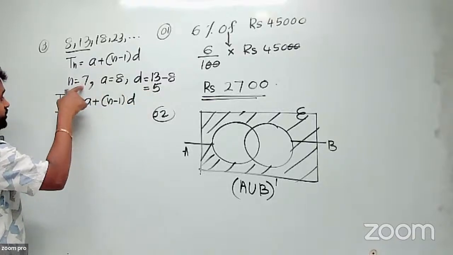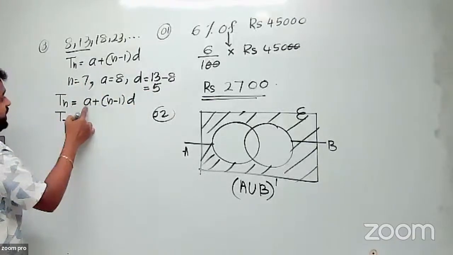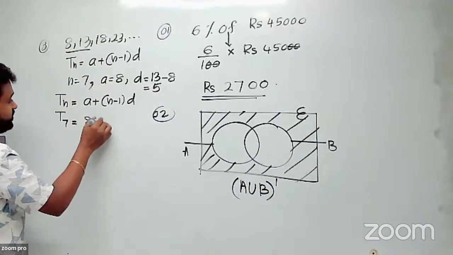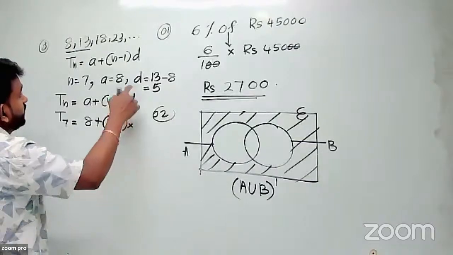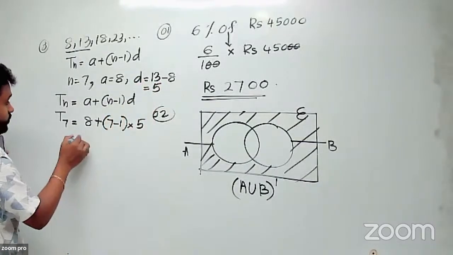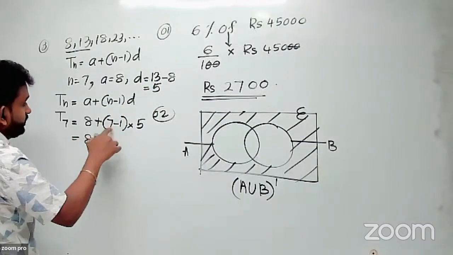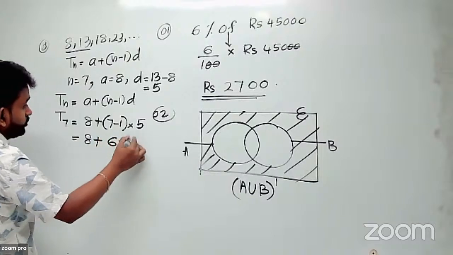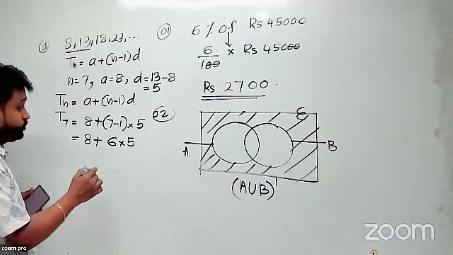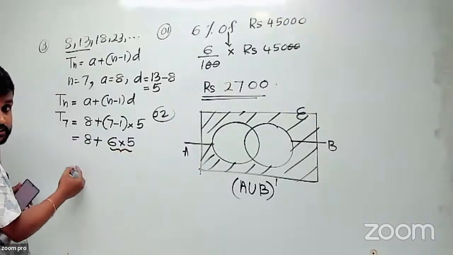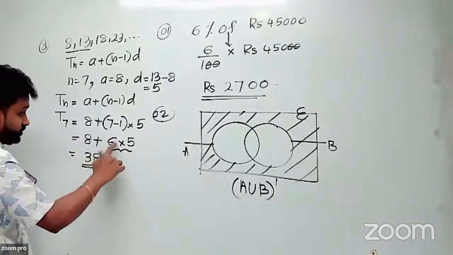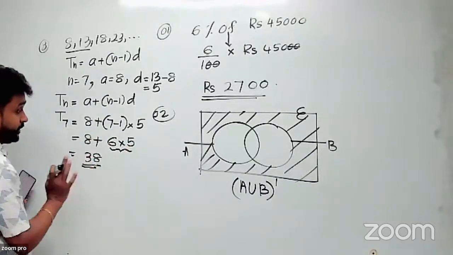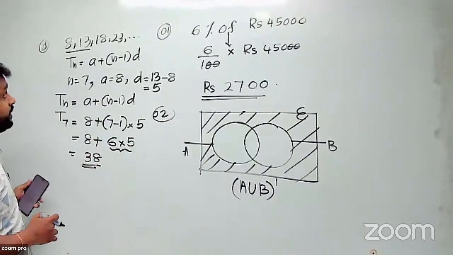They're asking the seventh term: T7 equals a, which is 8, plus (7 minus 1) into d. The difference is 5. So 8 plus 7 minus 1 means 6, 6 into 5. Be careful, you need to do this multiplication first. Then 6 into 5, 30, and then add 8, 38. Okay, this is how you deal with it.